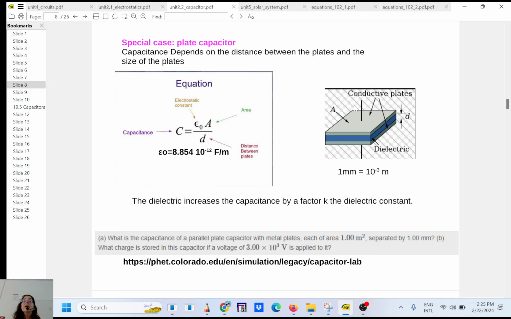What did we say? The capacitance only depends on the geometry, right? It's like a bucket or a beaker, how much you can store, you can hold, right? So it depends on what? The surface area, and then the distance.